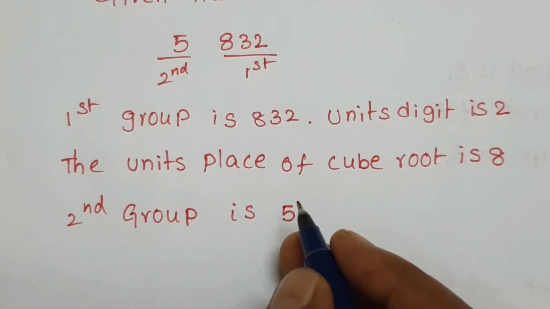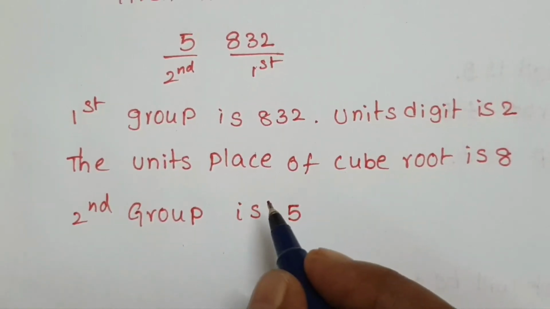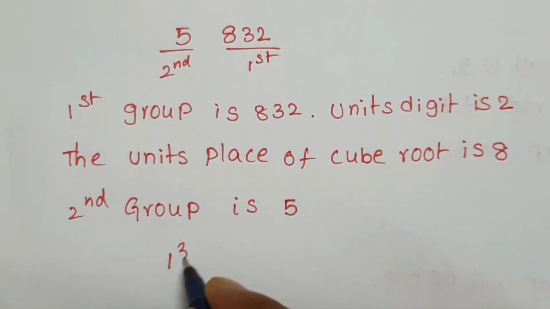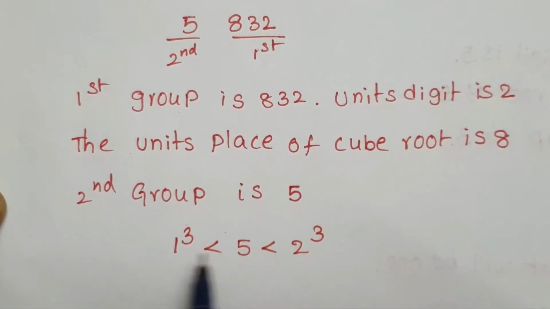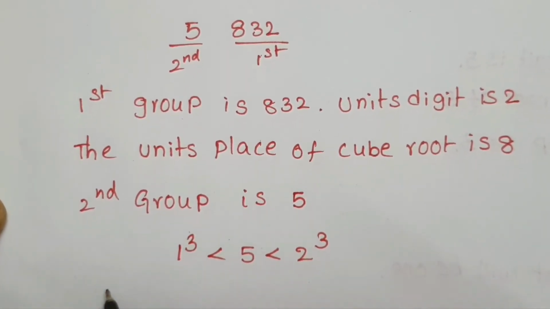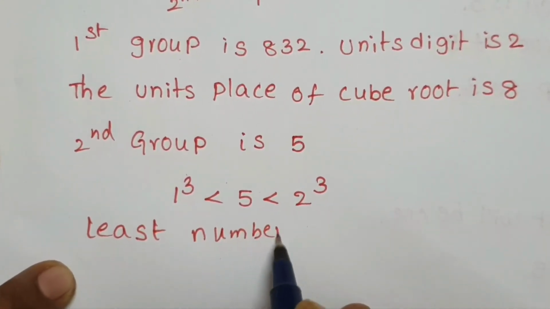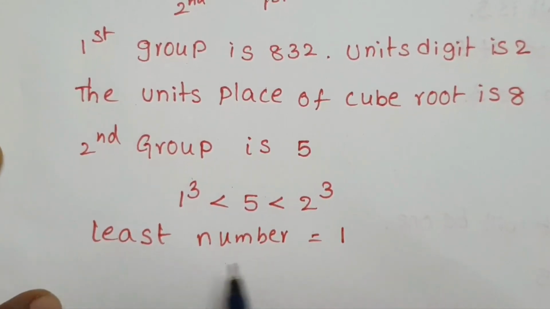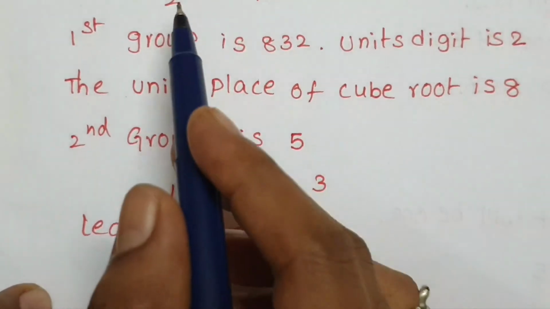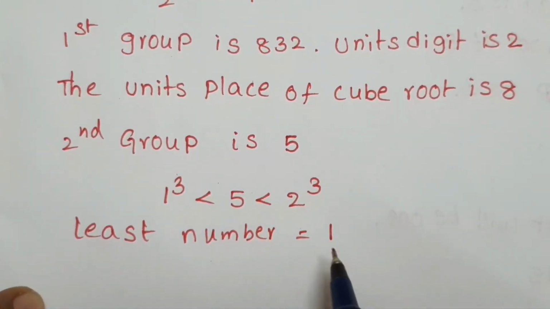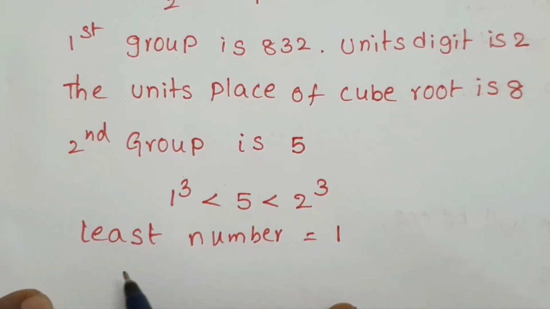In that, 5 lies between 1 cube and 2 cube, that is 1 cube less than 5 less than 2 cube. 2 cube is 8, 1 cube is 1. The least number is 1. Now the tens digit of the cube root will be 1, and the ones digit will be 8. The final required number is 18.